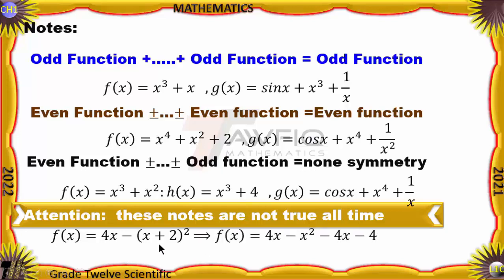But if we open this bracket, then it becomes 4x minus x squared minus 4x minus 4, then cancelling 4x with 4x, it remains f(x) equals minus x squared minus 4. It is an even function.